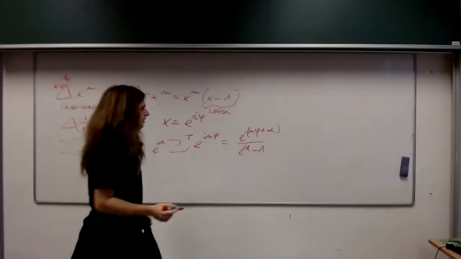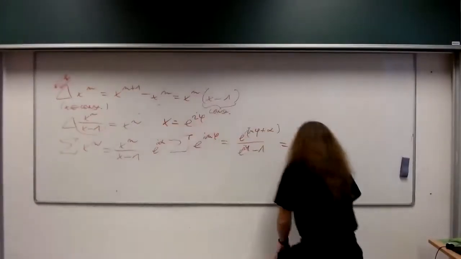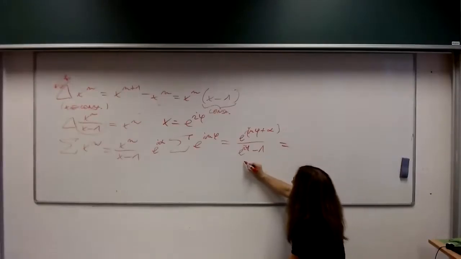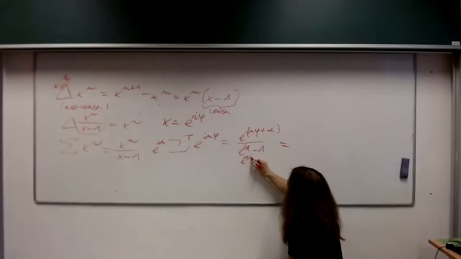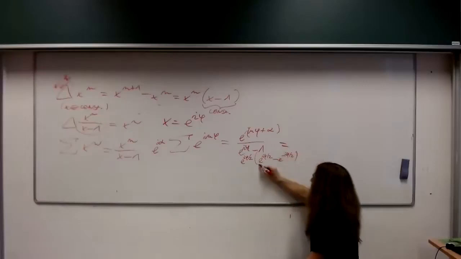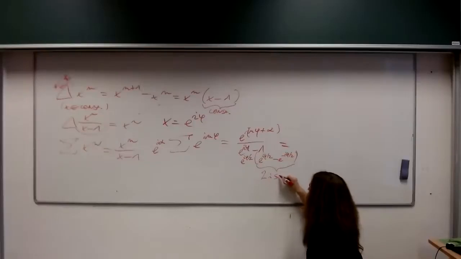So let's just make some calculations here. Here I will take out e to the i phi half, because what appears in this bracket is just 2i sine phi over 2.